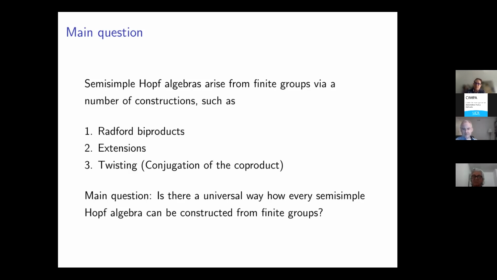Even if this universal way would be made precise at this point, the first task is to make this universal way precise. And I think this is a pretty vague, but nonetheless pretty important question, which describes a basic problem with the theory at this point in time.